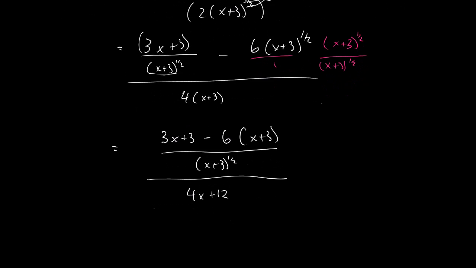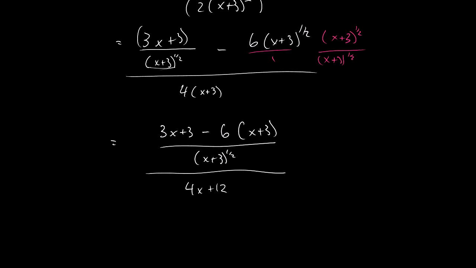Don't forget about that. So we can even take this another step closer and combine our numerator. If we distribute this, we're going to get 6x. So we're going to have negative 3x minus 6 times 3 is 18, plus 3 is negative 15. This is all over (x plus 3) to the 1/2.